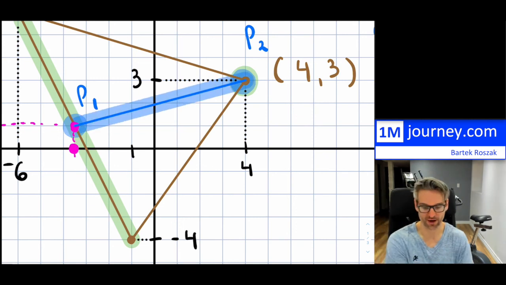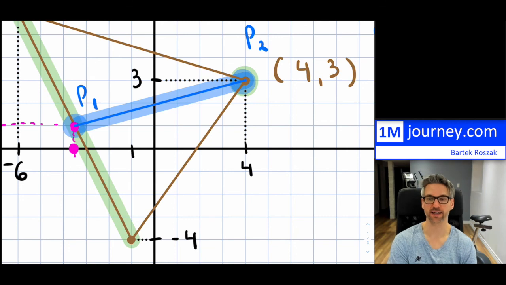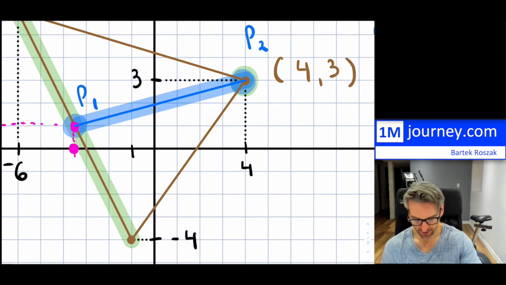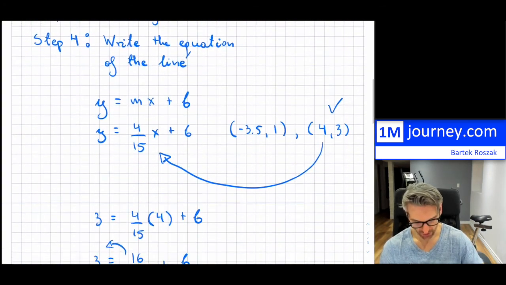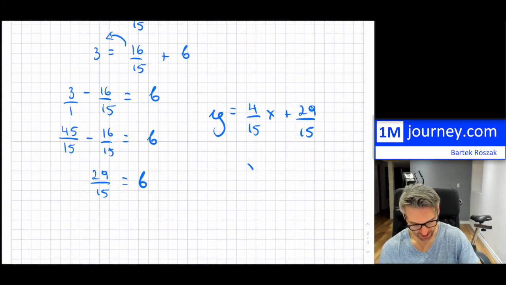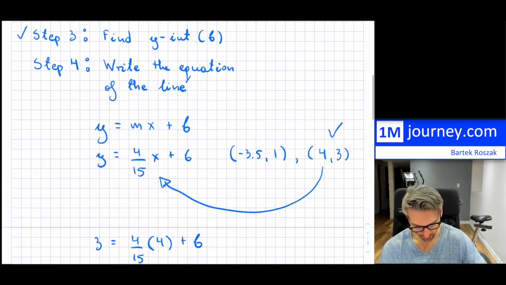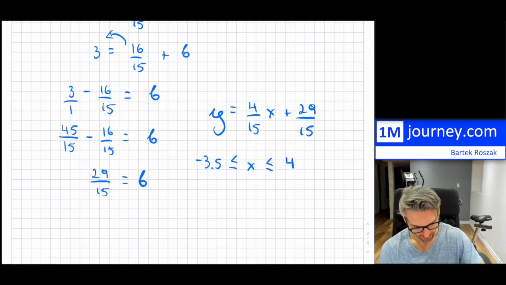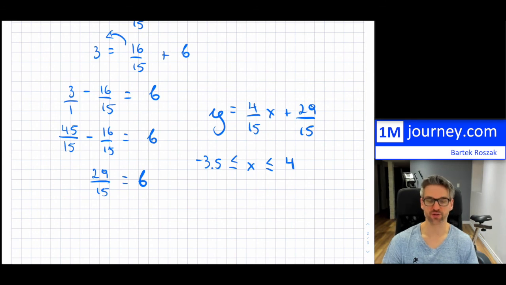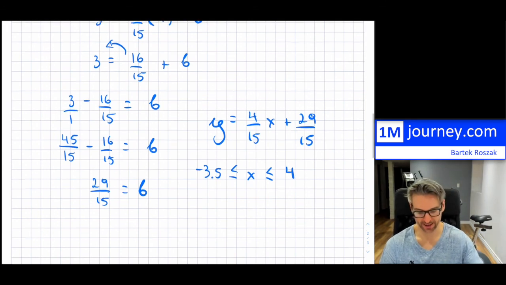It doesn't go on forever. So you can restrict them if you like. If you put true restrictions on this line, then your x value is between negative 3.5 and 4. So that's the kind of restriction that you have for this particular line.